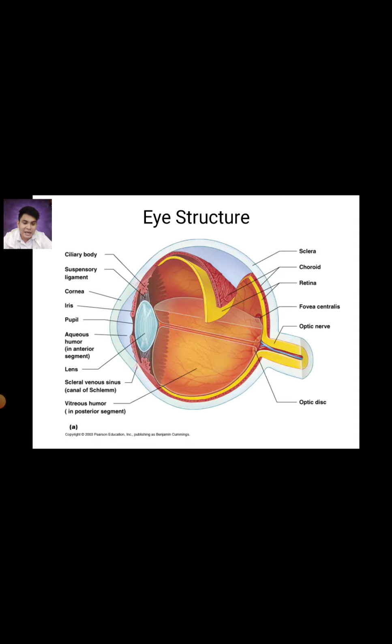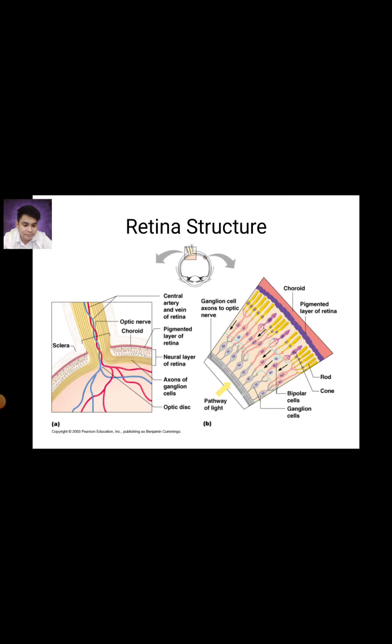So, tignan po natin ang image ng eye natin. Makikita po natin dyan yung mga parts ng eye natin. Bigyan po ng 5 seconds to see the parts of our eyes. And the retina structure.